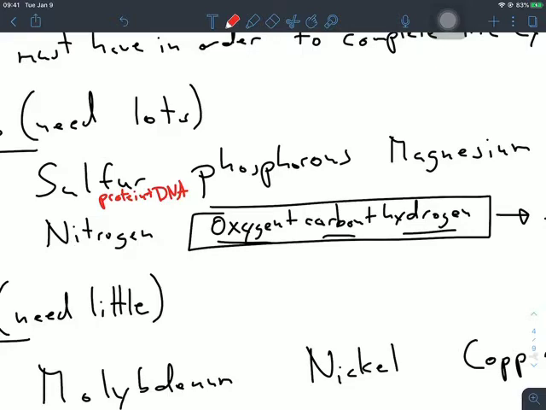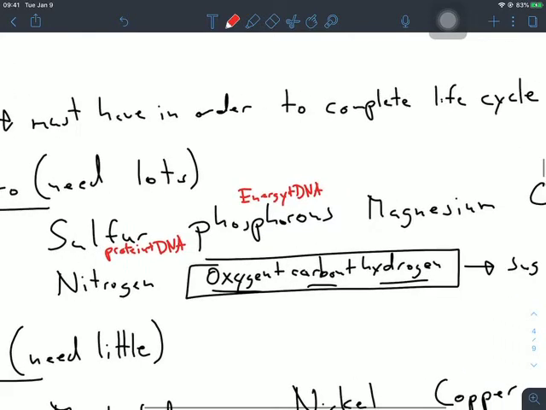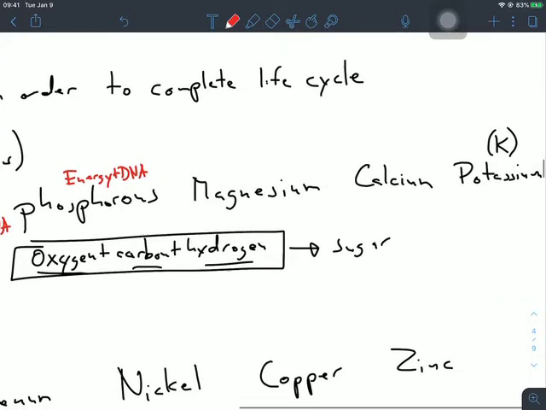Sulfur is important in building our proteins and DNA. Phosphorus is incredibly important for energy in DNA. Need lots and lots of phosphorus. Magnesium, again, proteins. Calcium, lots of signaling.